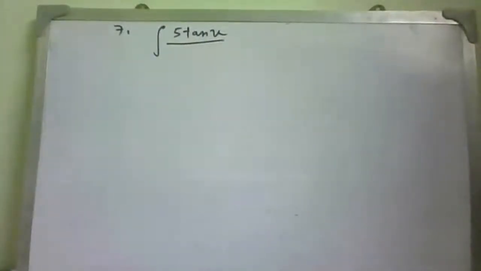Okay, so the next question is question number 7, that is integral 5 tan x over tan x minus 2.